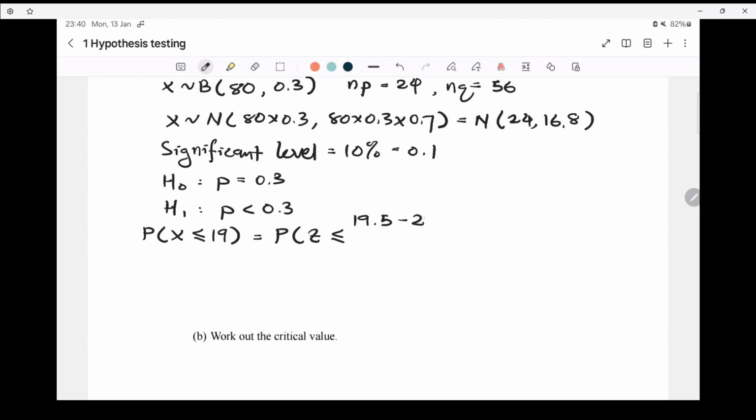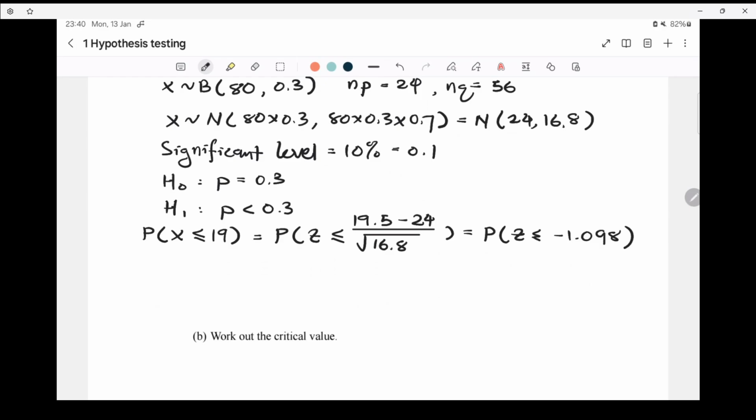This is your mean. And then your standard deviation will be the square root of 16.8. So after you do the calculation, you find that this is minus 1.098.